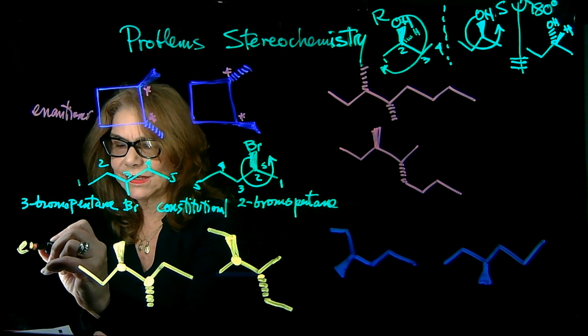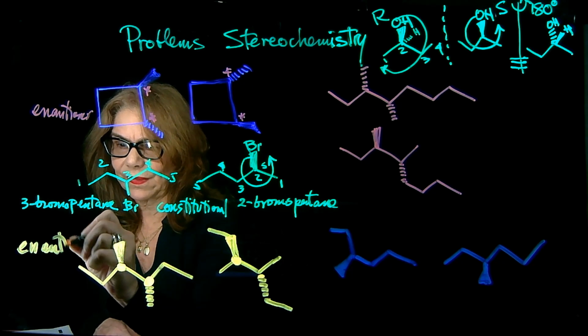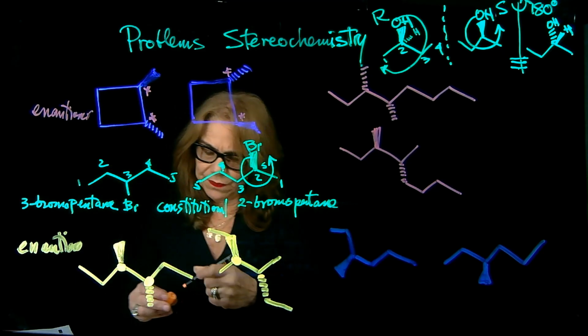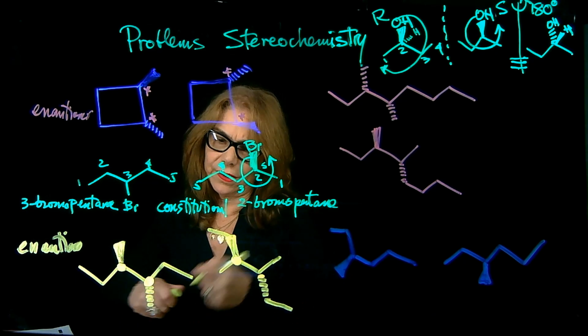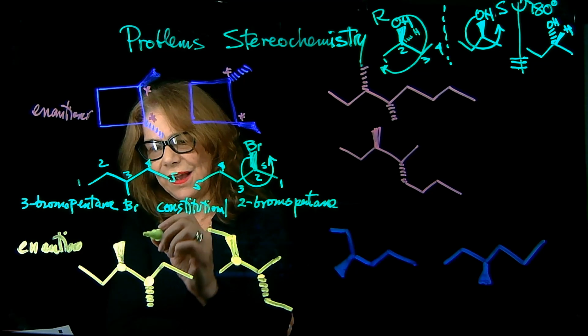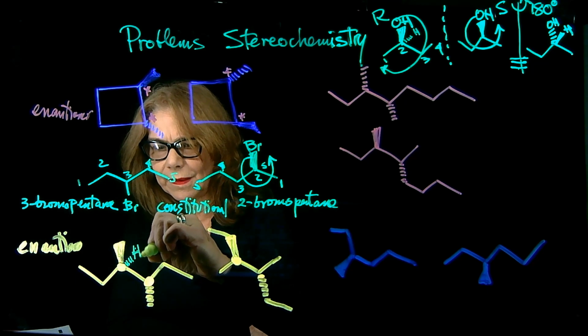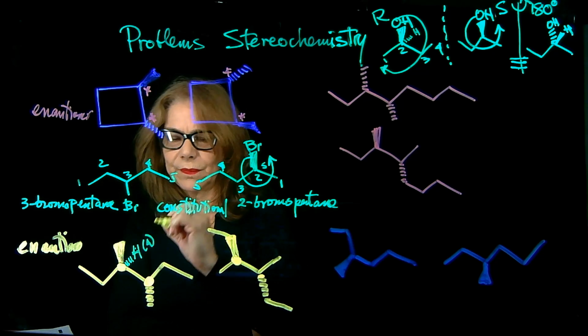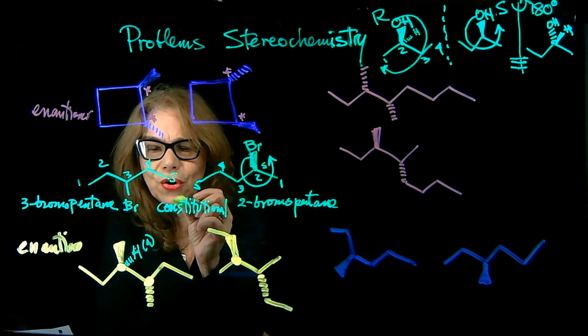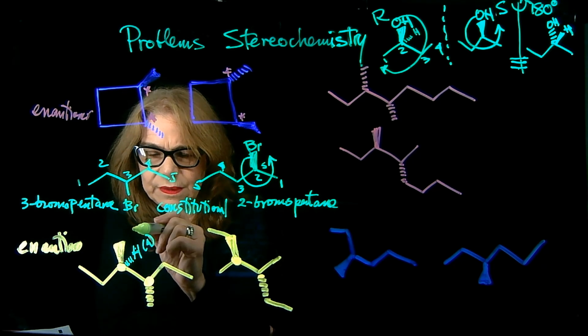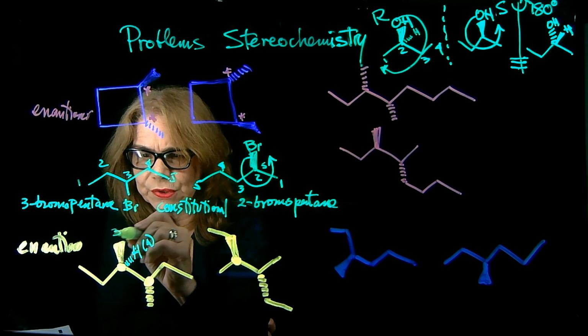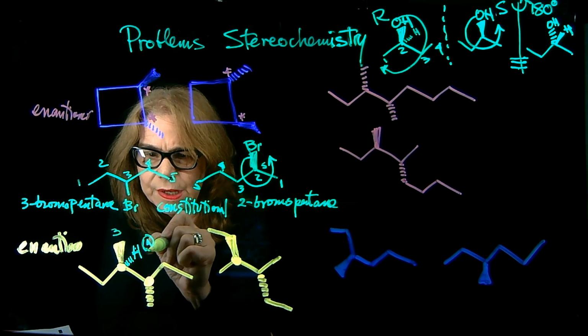So now let's do the configuration. The curving here on the left-hand side, your priority 4 is an H. That's your priority 4. And everything is carbon, so this is priority 3.